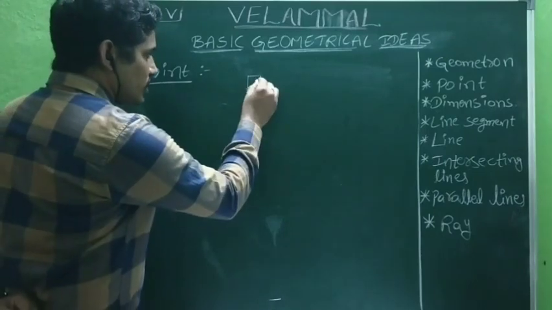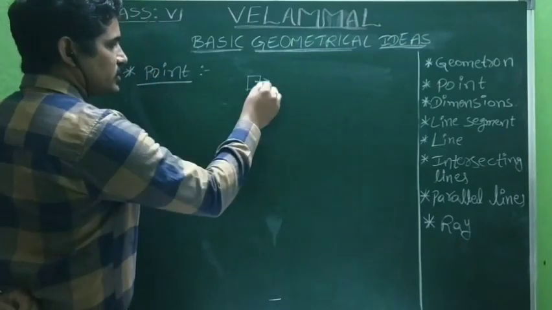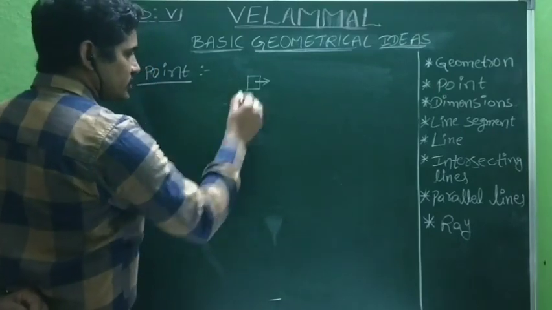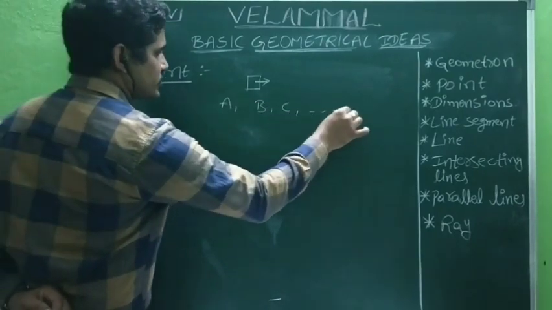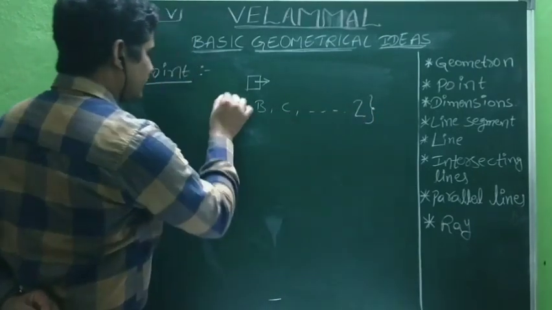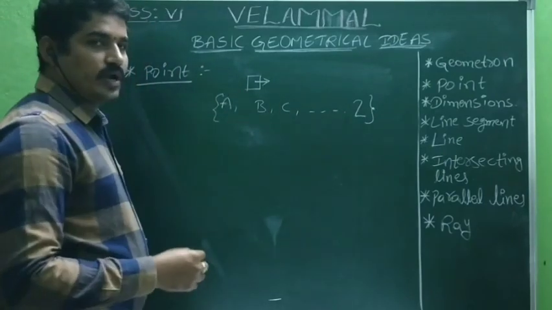So what is a point? Here we say a point is represented like this. This point can be named using capital letters.